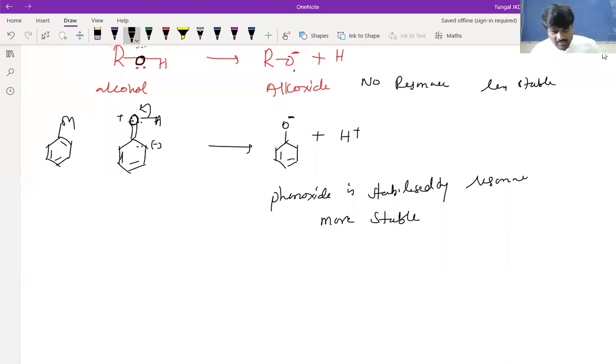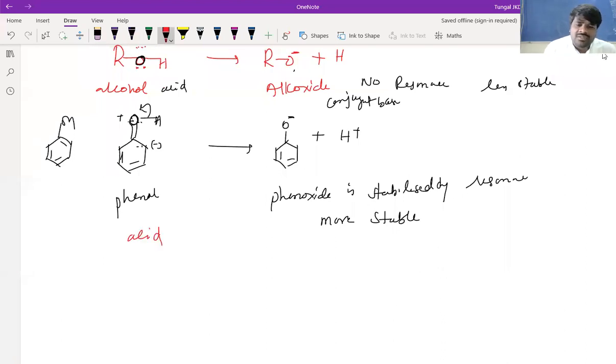It should be understood something like this. If you consider this as an acid, what is this? This is your conjugate base. The pair which differs by a proton is called a conjugate pair.